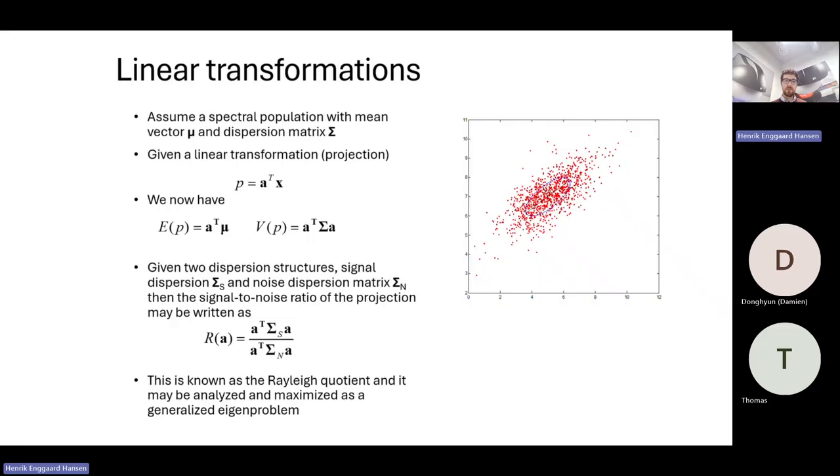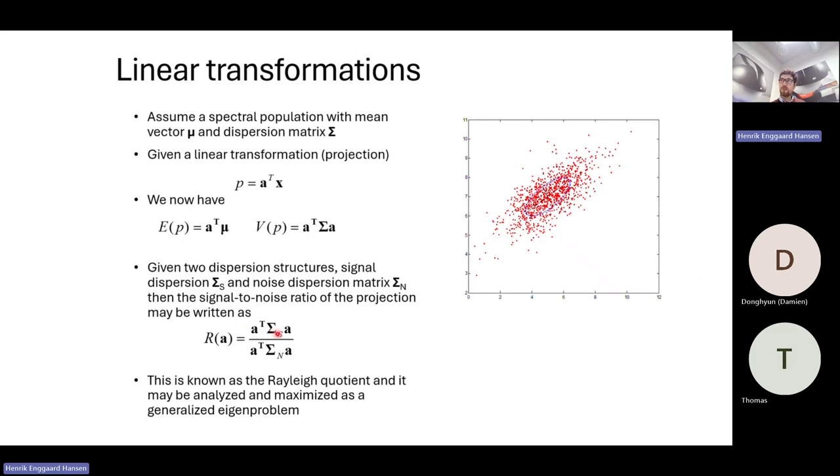We can formulate this through sigma, which is the dispersion or covariance of the signal, and the dispersion and covariance of the noise. By multiplying these together in this way, we get a ratio of the total signal variance divided by the total noise variance. We get this coefficient called the Rayleigh quotient.